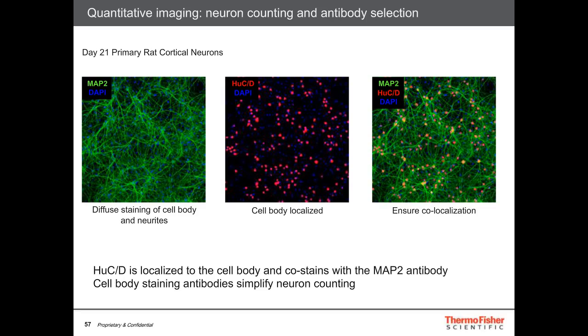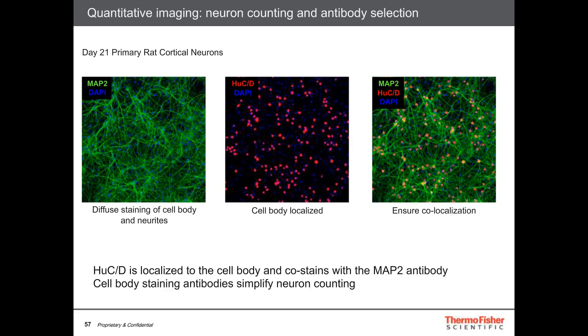Okay, so now I'm going to get into the first examples. I'm going to show an example of neuron counting, and this illustrates why antibody selection is important. Here we have day 21 primary rat cortical neurons that are stained with 2 different neuron-specific antibodies. The MAP2 is on the left, and then UCD in the middle.